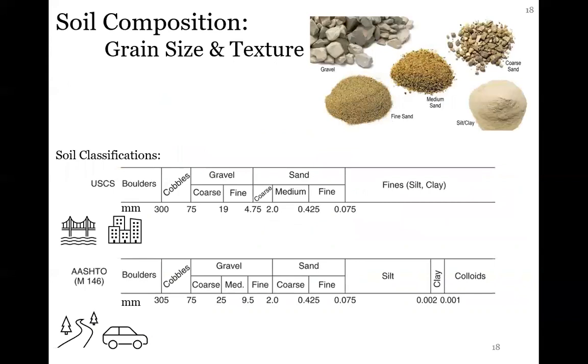Just to recap, the main difference between these two: this was the USCS one that we just went over. Now we're going to be going over AASHTO. This one is used for roadways and transportation.